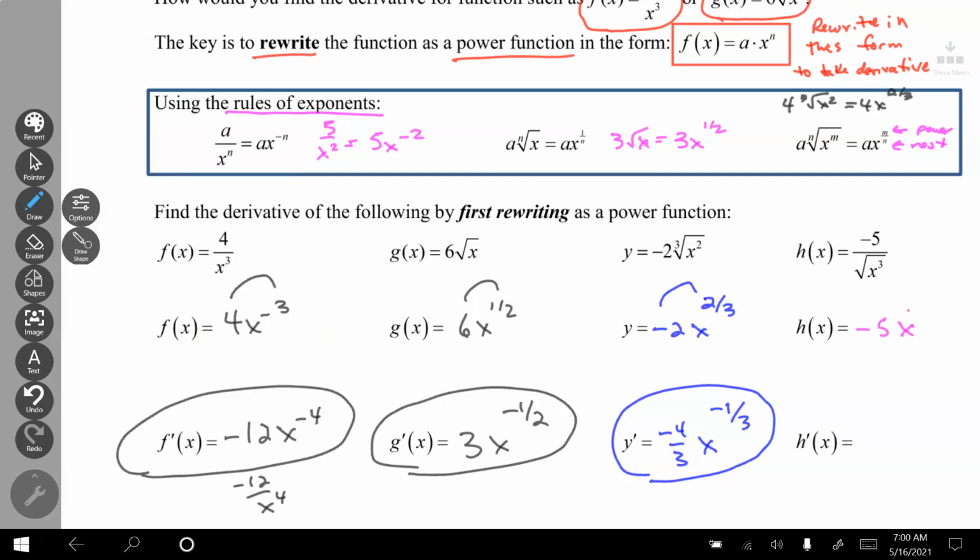And this x is in the denominator, so it's going to be a negative. The power is 3, the root is 2. So it becomes negative 5x to the negative 3/2 as the original function. Now when I take its derivative, I multiply. I get 15 over 2 x. Top number minus bottom number is negative 5 over 2. And that would be its derivative.